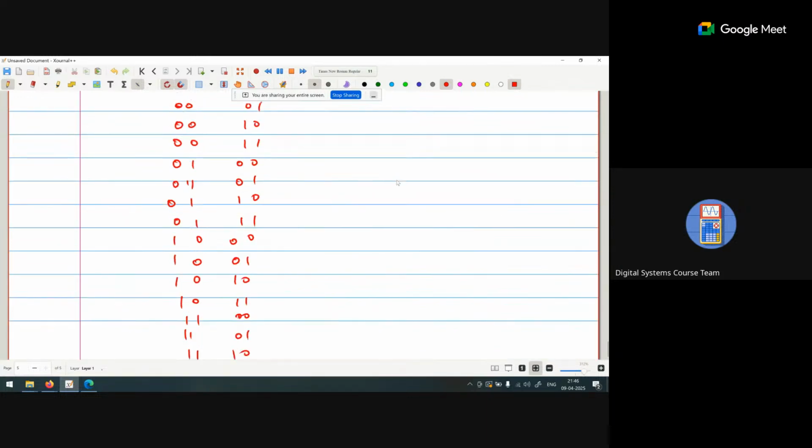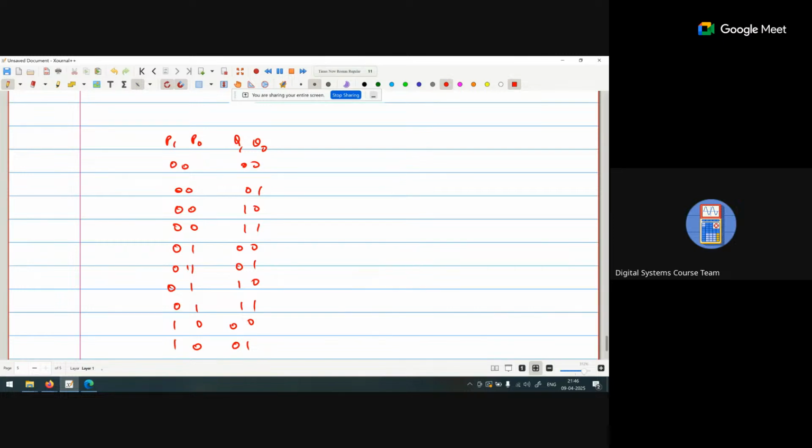Now initially we add P0 and Q0, and if a carry is generated... so for P0 and Q0: no carry, no carry, no carry, no carry.